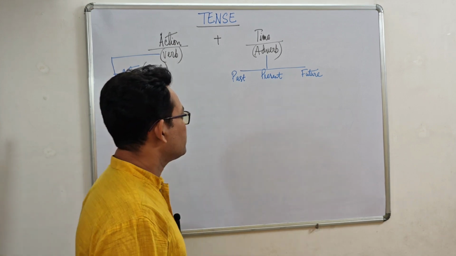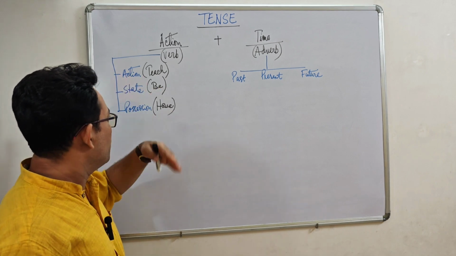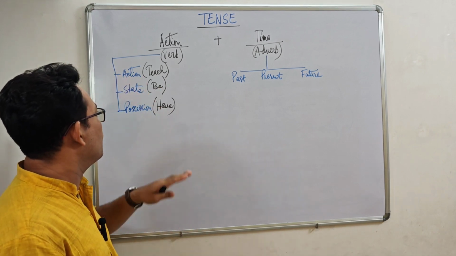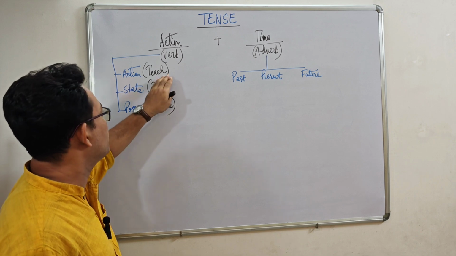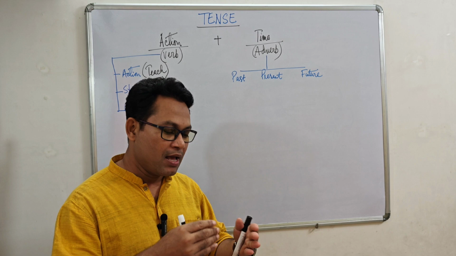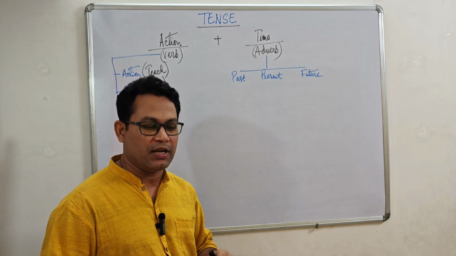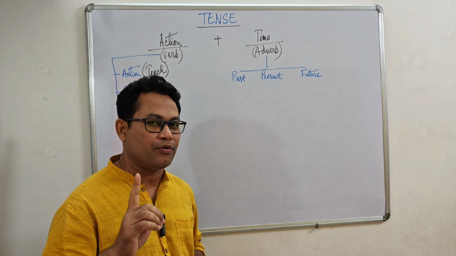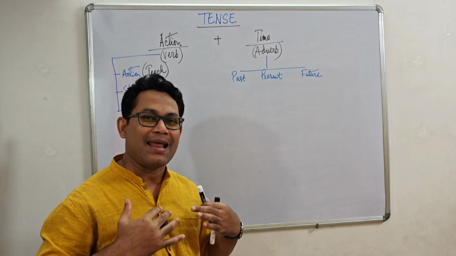Now the most important part of the video: whether we take an action, a state, or a possession in terms of a have verb, be verb, or any action verb, let us call it action, that particular action can happen in four different ways only, not less, not more. So what are those four different expressions of an action?